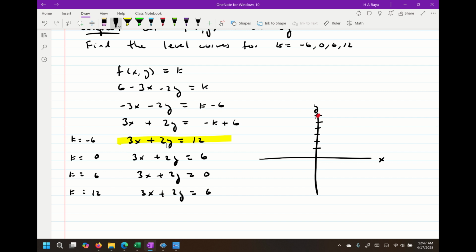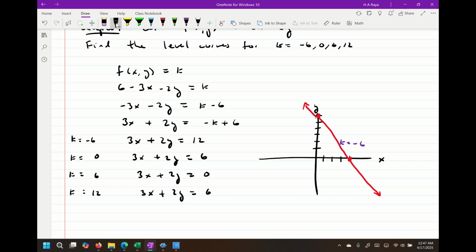I can block out the y here, and I know that the x-intercept is whatever solves 3x is equal to 12. So in that case, it will be 4. And I can connect these two dots together to give me my level curve. So this guy right here is the level curve for k is equal to -6.